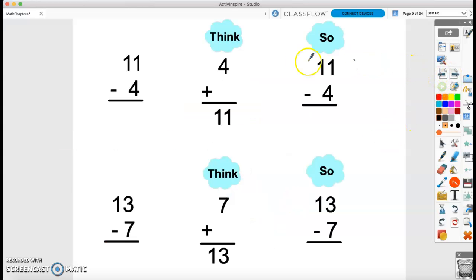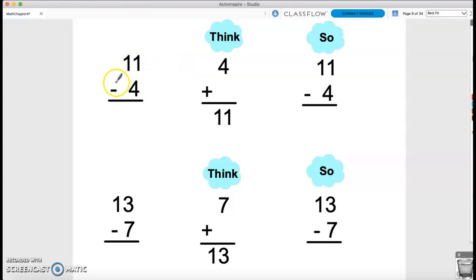Let's look at this again. So it says 11 minus 4. So it says think 4 plus something is 11. So I'm going to start at 4 and I'm going to count up to 11 and I'm going to draw some dots. 4, 5, 6, 7, 8, 9, 10, 11.